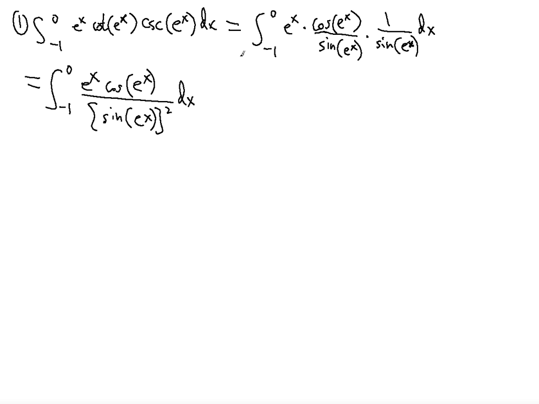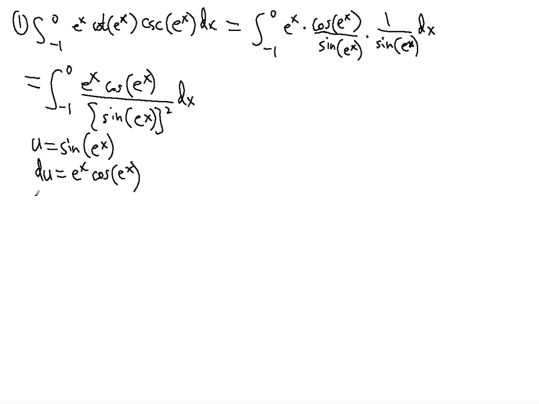Okay, and now notice that it's going to be much easier, right? Because if you choose the u as the sine e to the x, then the du following the chain rule is going to be e to the x multiplied by the cosine of e to the x, and that's exactly what you have on the top, right?